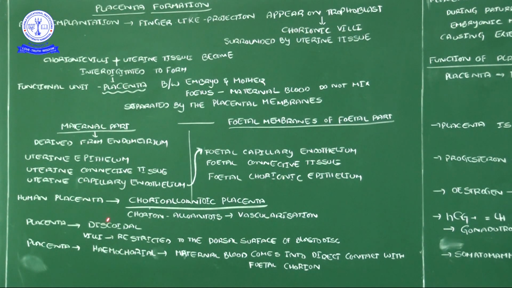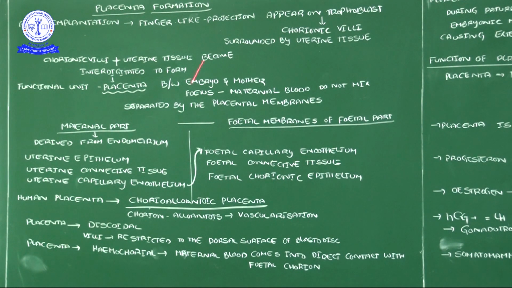Of these 6, one side is the maternal part and the other side is the fetal part. Here is the contact between the maternal part and the fetal part. In the maternal part, the uterine capillary endothelium connects with the fetal capillary endothelium. These are the direct contacts, very near, very close.